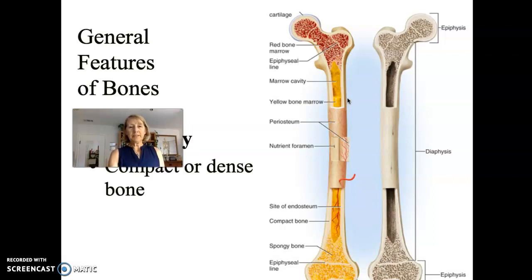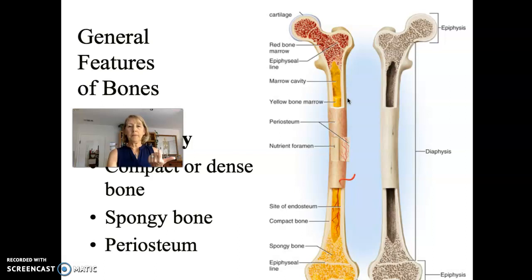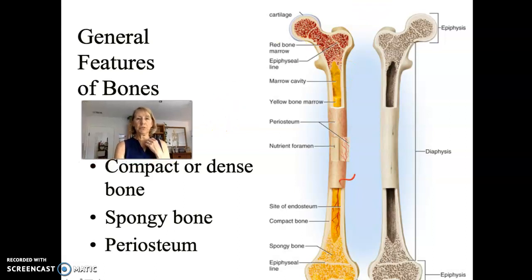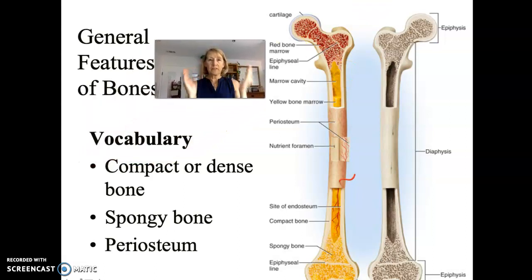So spongy bone doesn't have the same compact aspect as it does in the shaft or in the diaphysis. So in my list of vocabulary there, I have compact or dense bone and spongy bone, which is in the extremities, and then periosteum. Periosteum is a dense connective tissue, we've talked about those, which surrounds the bone.